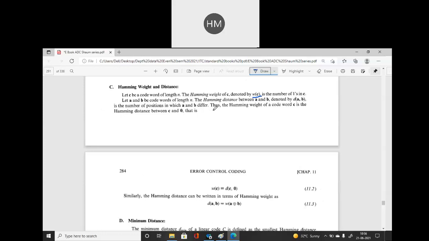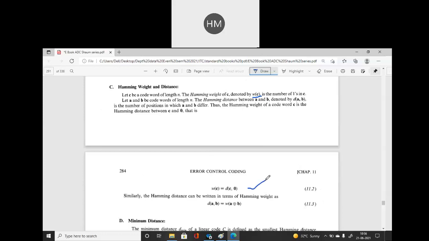If I am having two different code words, at how many places the positions differ, that is my Hamming distance. Thus, the Hamming weight of a code word C is the Hamming distance between C and 0. The formula for both is written here, a comparison between Hamming distance and Hamming weight.